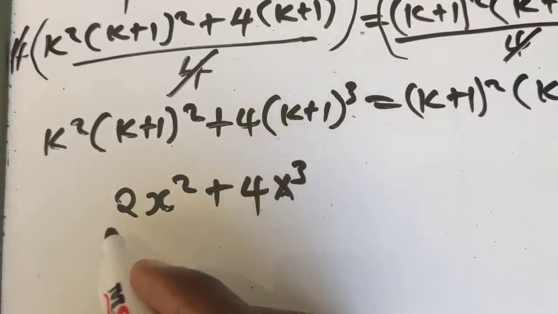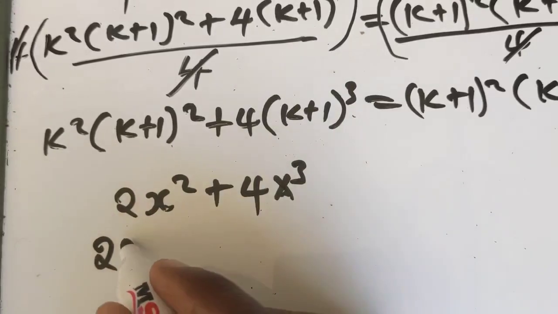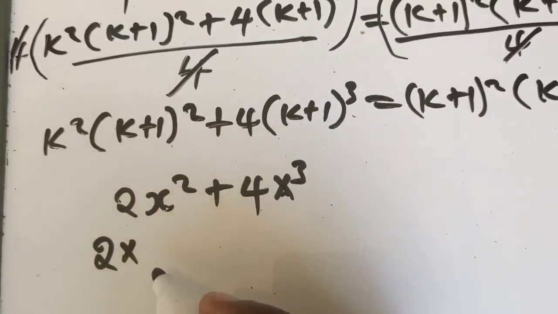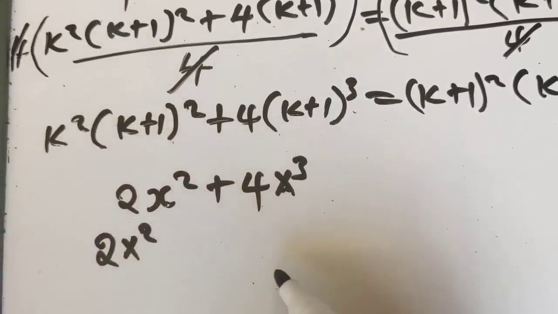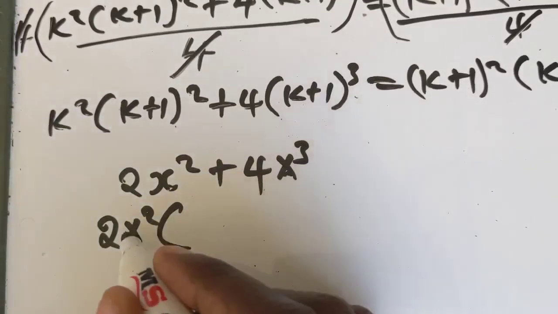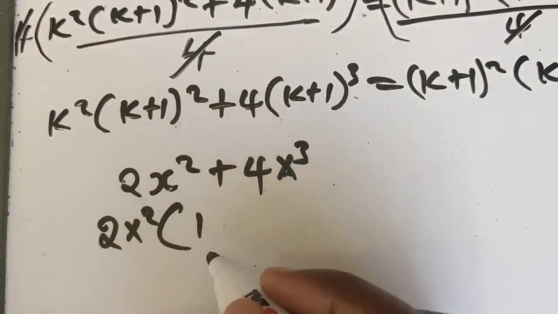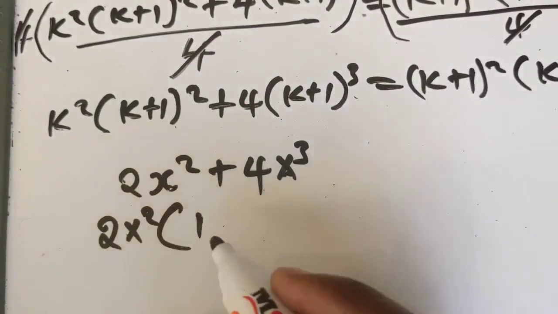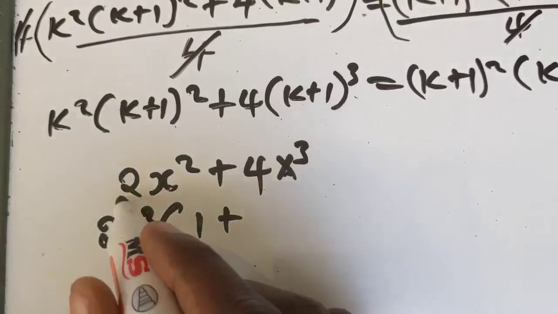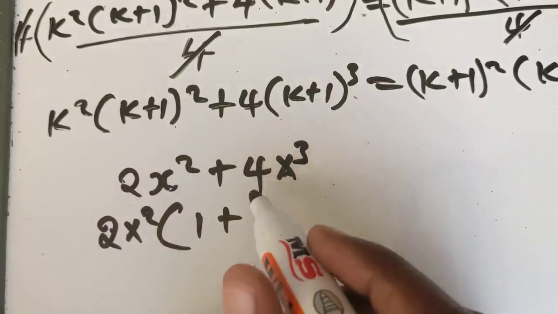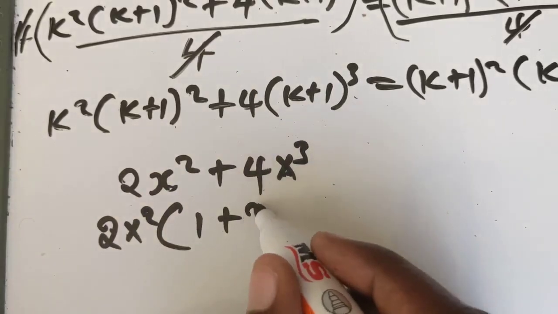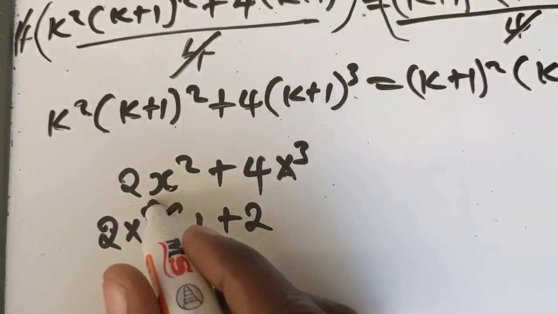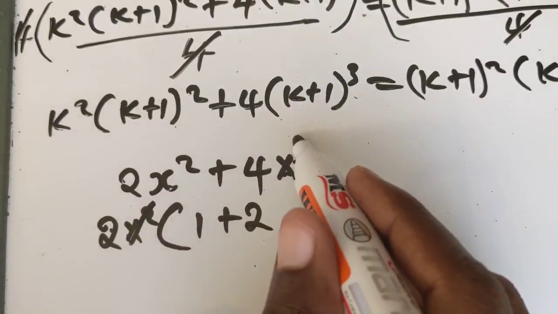If you want to factorize, 2x squared is common. 2x squared into that will give you 1, and 2x squared will give you 1 plus 2x squared. So 2 into 2 will be 2, then this x squared will cancel.